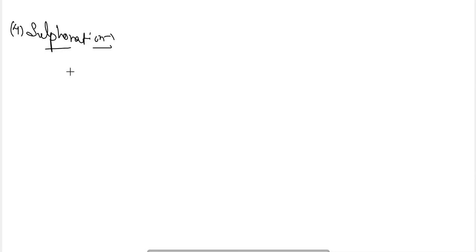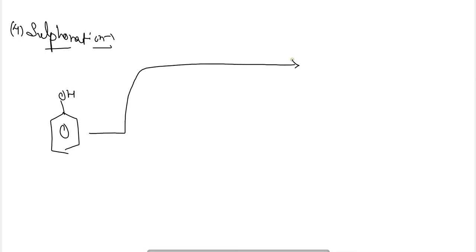So here two reactions can occur, when phenol is reacted with concentrated sulfuric acid at 288 to 293 Kelvin temperature.